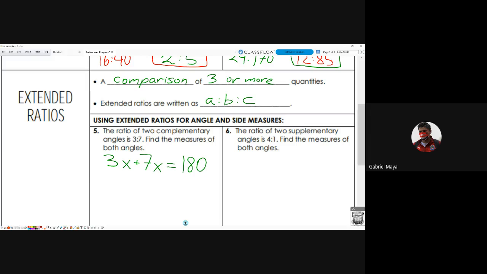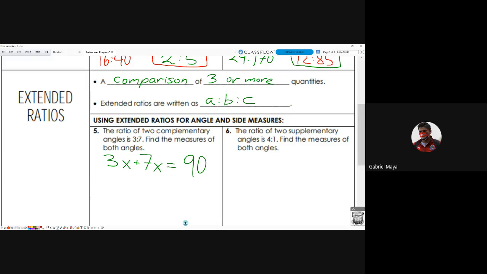This does not say supplementary. This says complementary. I do this because I want to make sure you guys are listening, and also to teach you to read carefully. They're complementary. They add up to 90 degrees, not 180. Supplementary adds to 180. So we got 3x plus 7x equals 90.